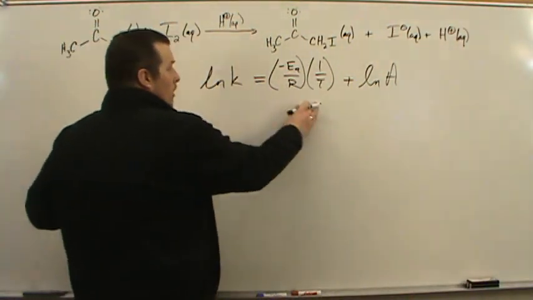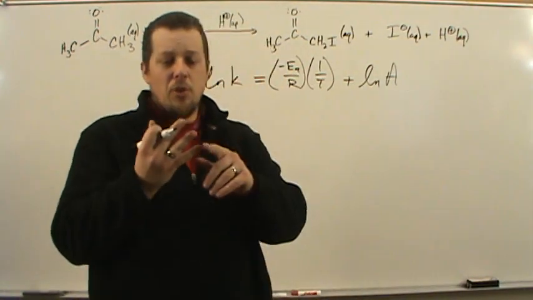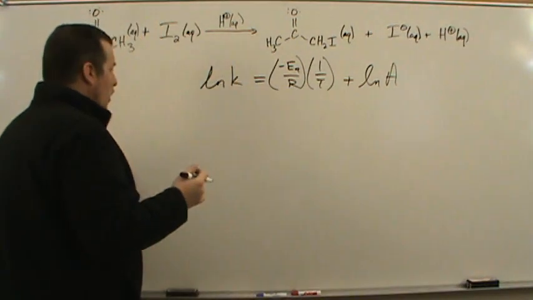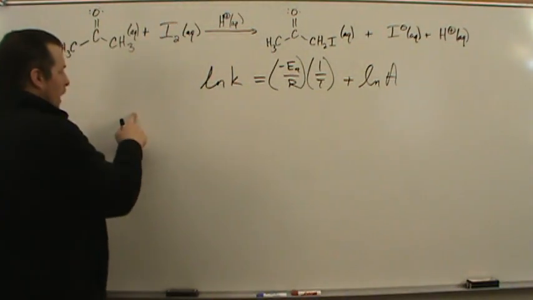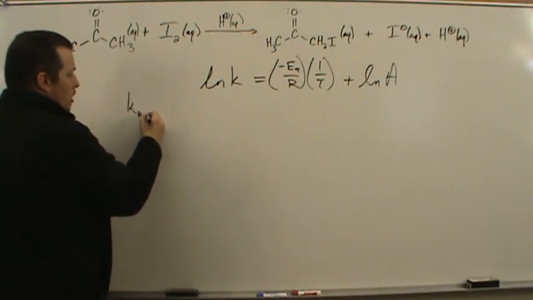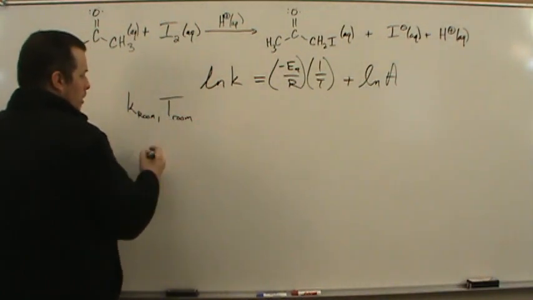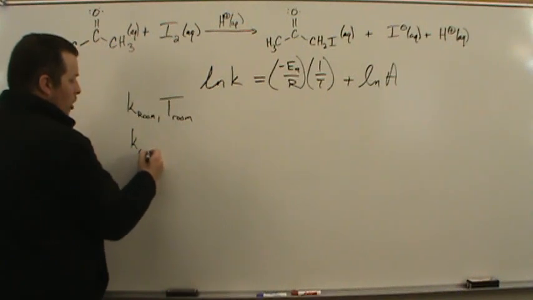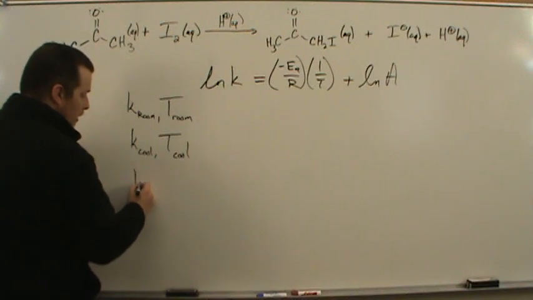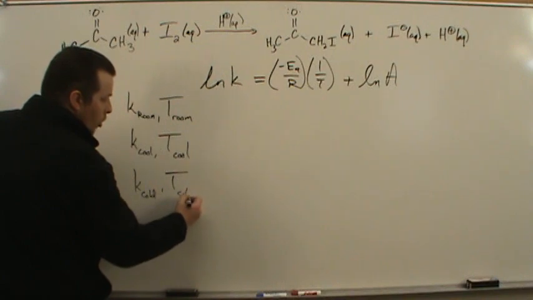So the linear form, we've got 3 sets of temperature conditions. And for each of those different temperatures, we've got a value of K. So what can we do? Well, let's think about that. We've got K room and T room. We've got K cool and T cool. We've got K cold and T cold.